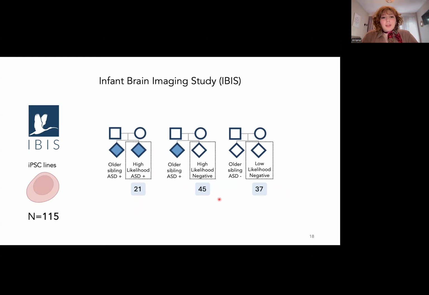And to compensate for the relatively low number of ASD positive cases, we also included some samples from the older, affected sibling. Just to be clear, we won't have MRI information from the sibling, but we have the unique opportunity to interrogate shared versus divergent responses.